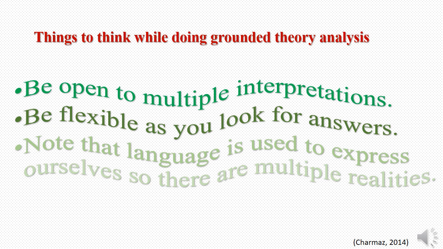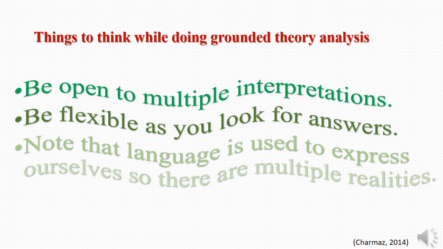Things to think about while doing grounded theory analysis. You have to be pretty much open to multiple interpretations. This is qualitative research, and people think as per their context, and different people with different contexts would think differently, and they would interpret the same phenomena differently.